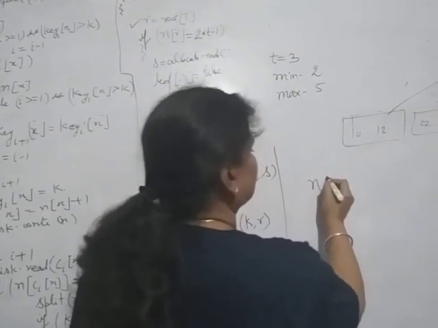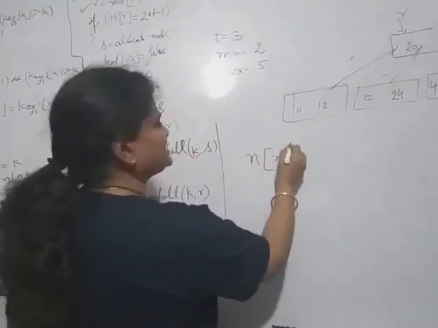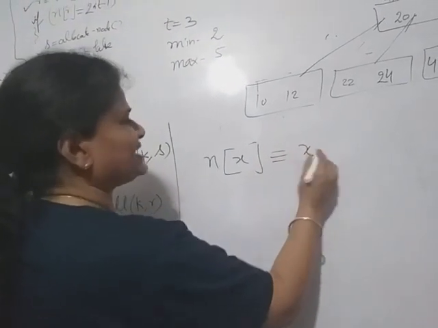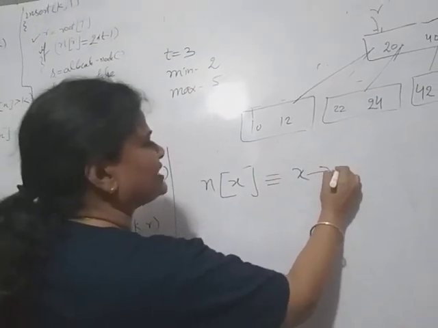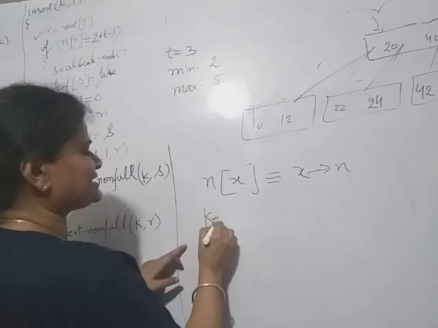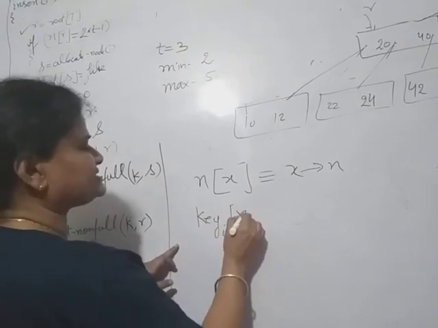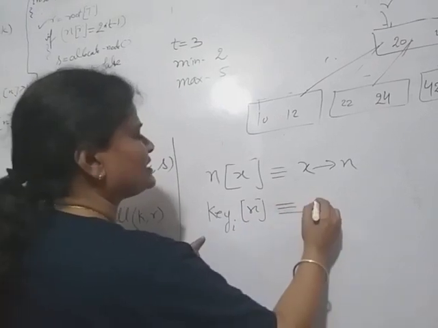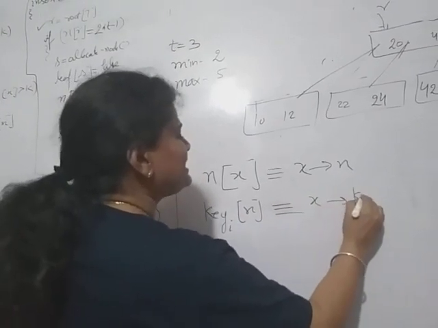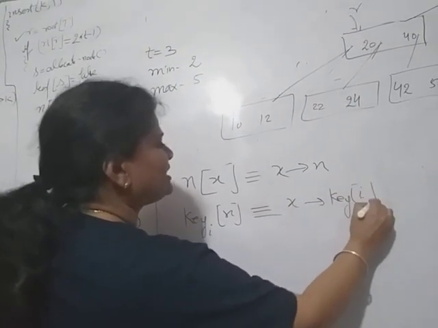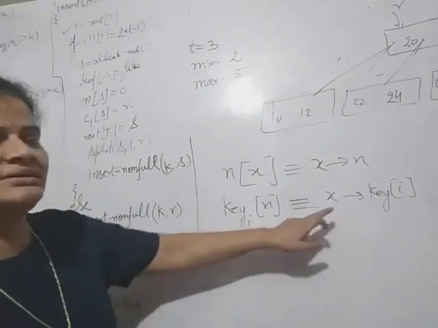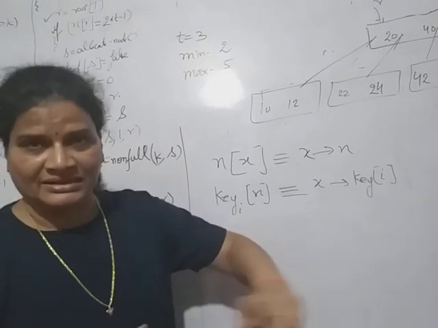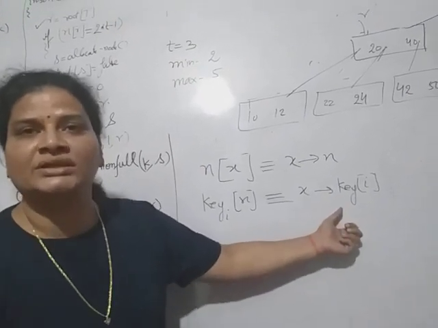If you are going to implement it in C language, then in this function, wherever I said earlier there is written n[x], all those statements are to be converted into x->n, where x is a pointer to the node. If it is written as key_i[x], this is the same as x.key[i], because for every node I have an array: key 1, key 2, key 3 and so on.